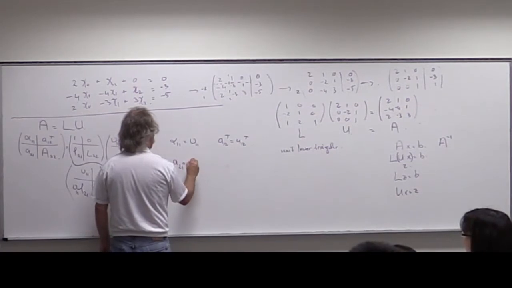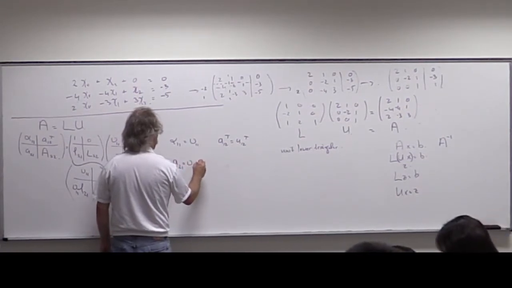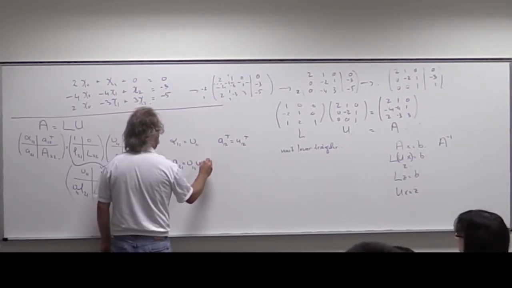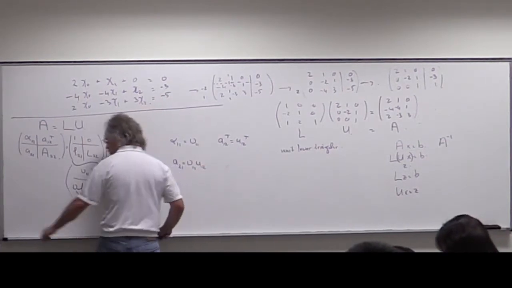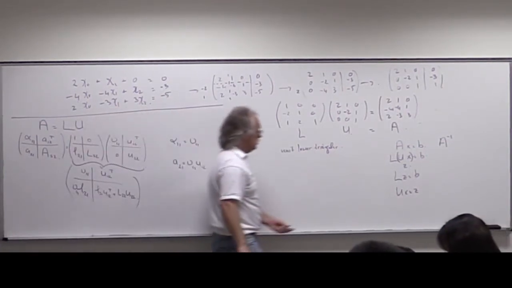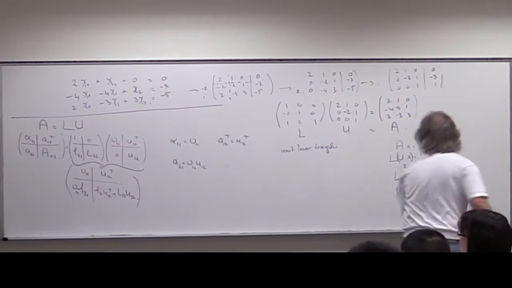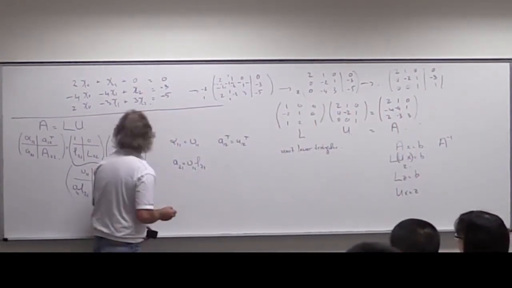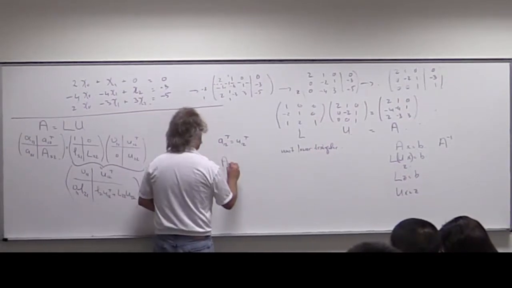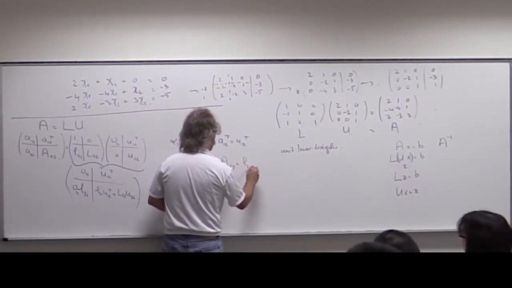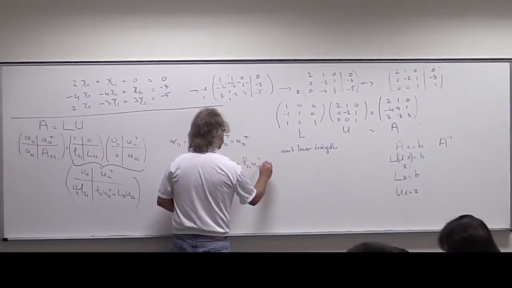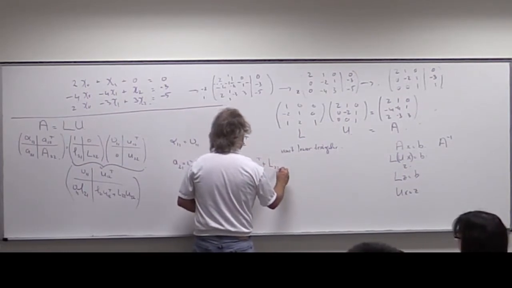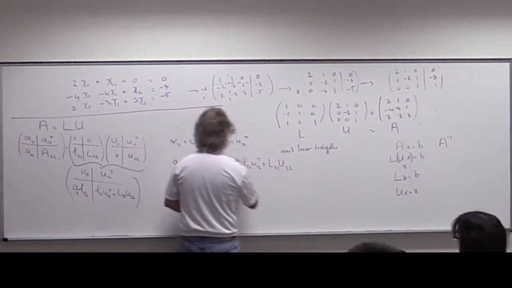A21 must be equal to epsilon 1,1 times L21. And A22 must be equal to L21 times U12 transpose plus L22 times U22.